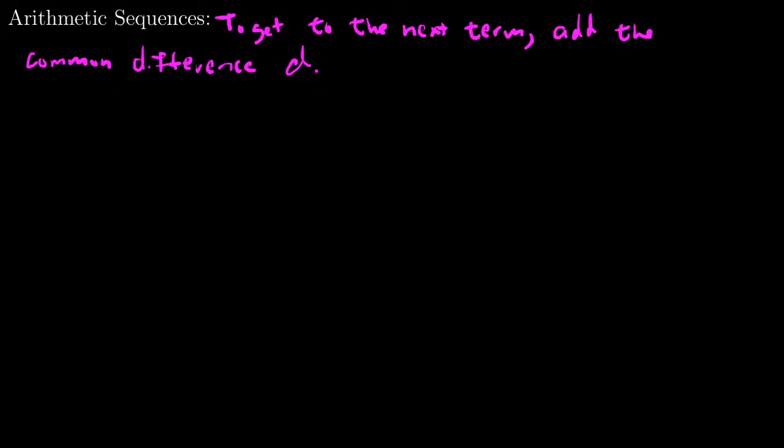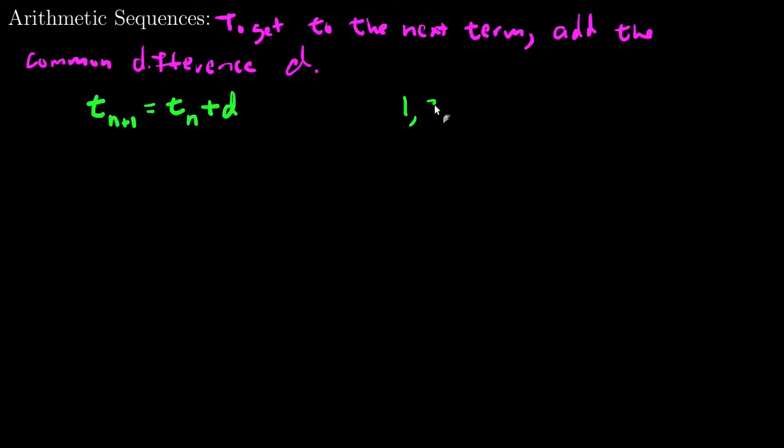Now, two ways to define this. One is this: if I want to get to the next term, the n plus first term, that will be the term that we're currently on, the nth term, plus the common difference d.